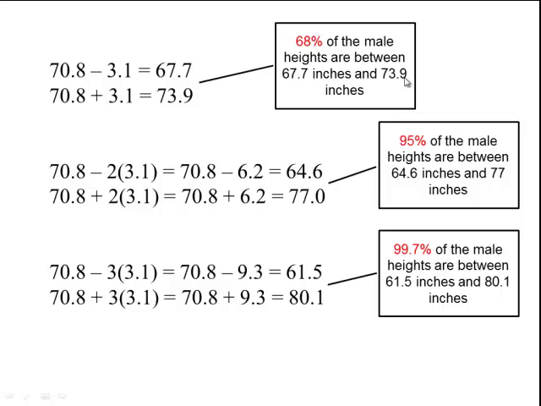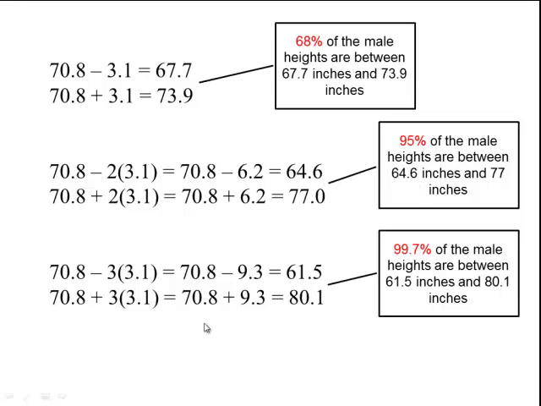If we go 2 standard deviations above and below the mean, that would be 70.8 minus 2 times 3.1 and 70.8 plus 2 times 3.1, and we end up with 64.6 and 77. So 95% of the males' heights are between 64.6 inches and 77 inches.